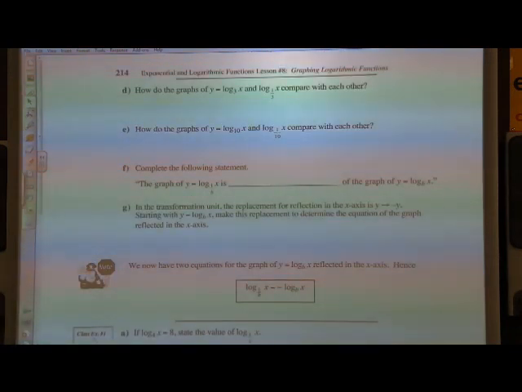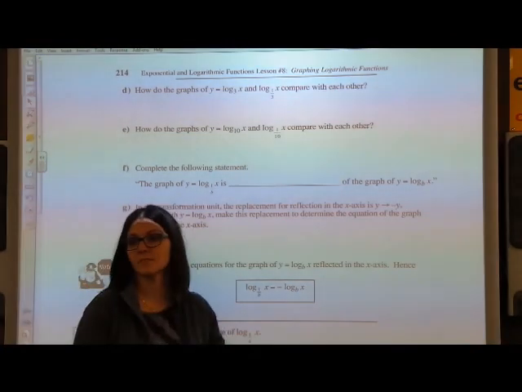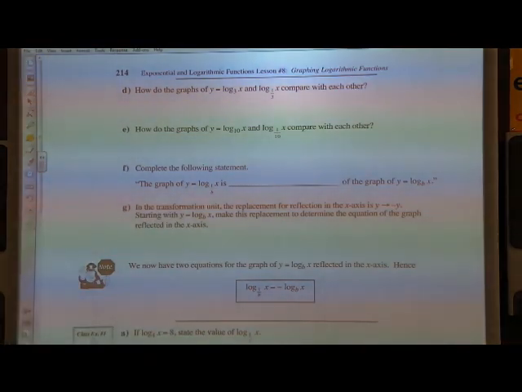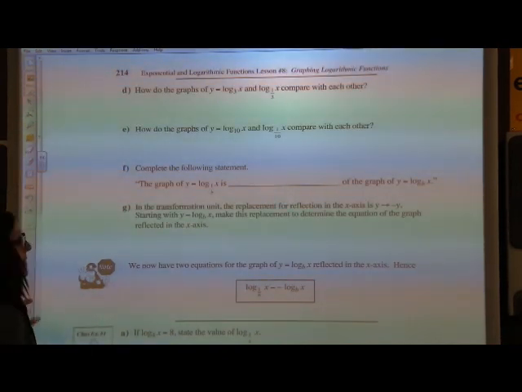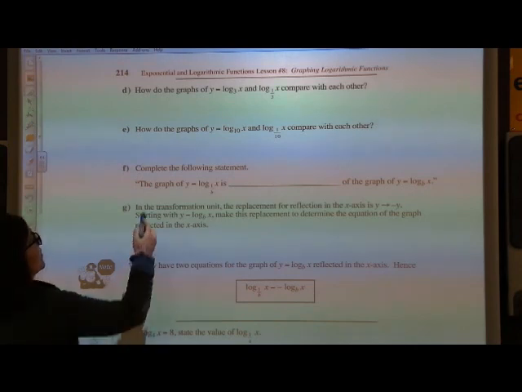So how do the graphs of log base 3 of x and log base 1/3 of x compare to each other? They're a reflection of each other. And a reflection in which axis?